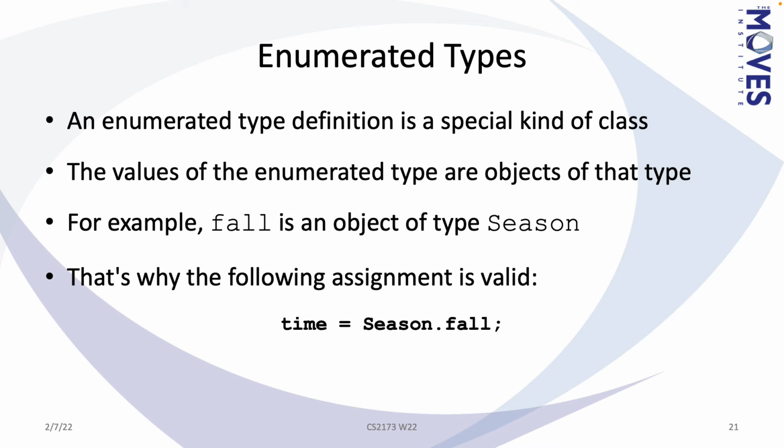In fact, before Java introduced enums, there was a pattern that you would have to use where you would have to do a lot of the stuff that enums do by hand. But it was subject to user fallibility.